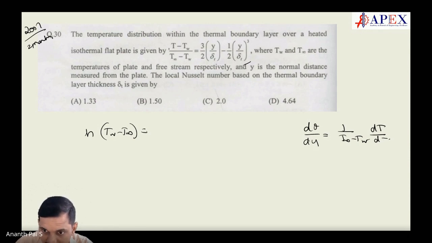Here dy is equal to TW minus T infinity divided by dT by dy. Is it not? Yes or no?